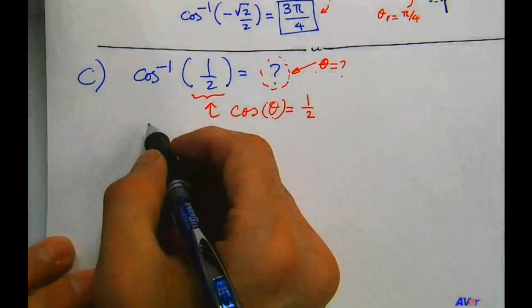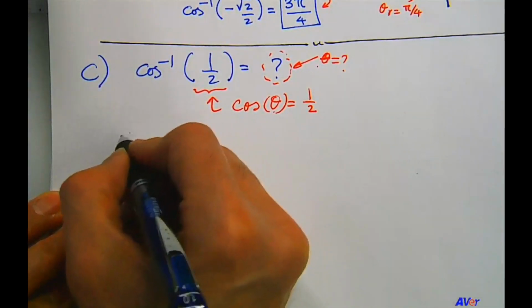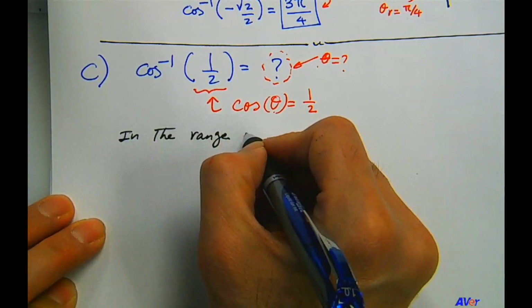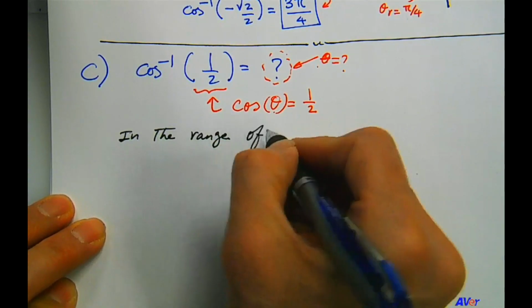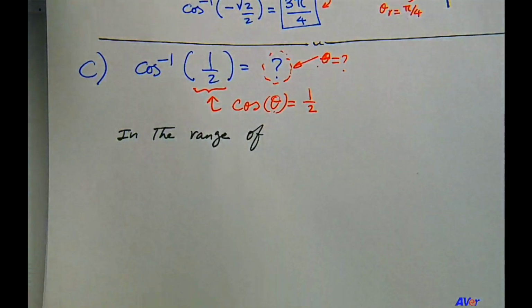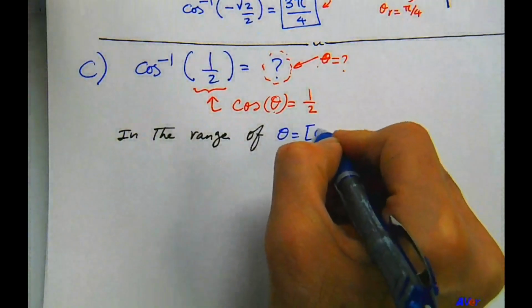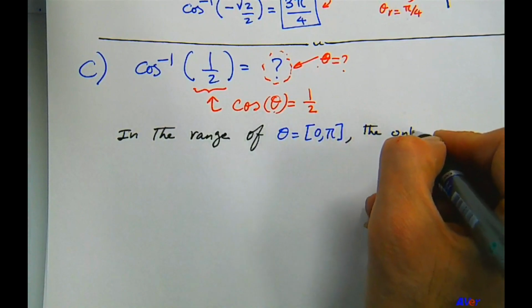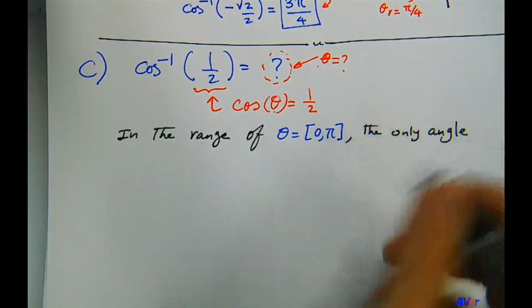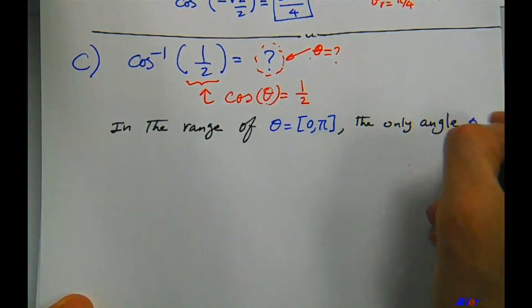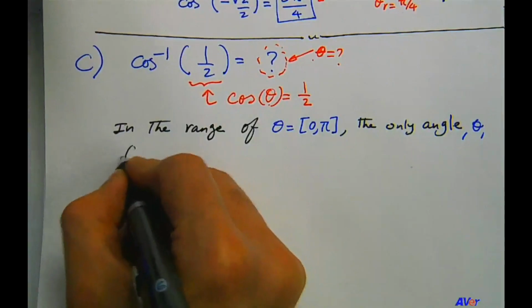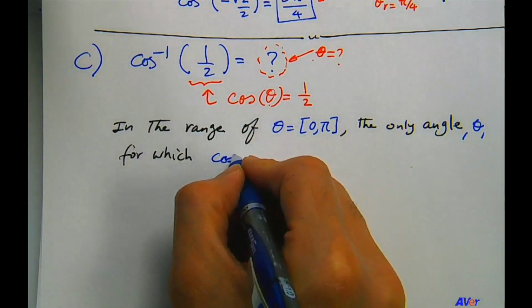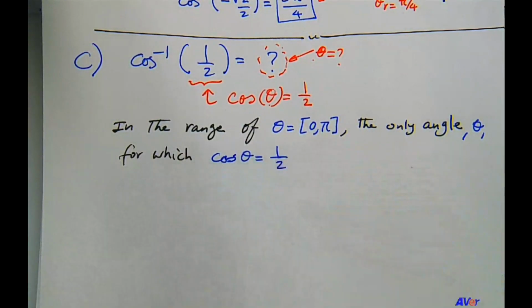Okay, so let's write that down, that in the range of theta equaling 0 to pi, so the only angle theta for which cosine of theta is equal to 1/2.